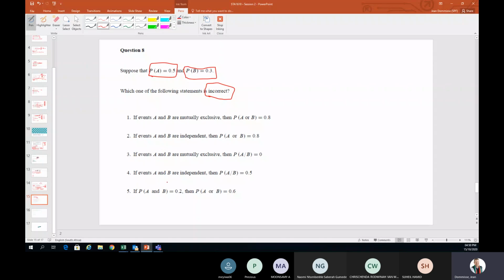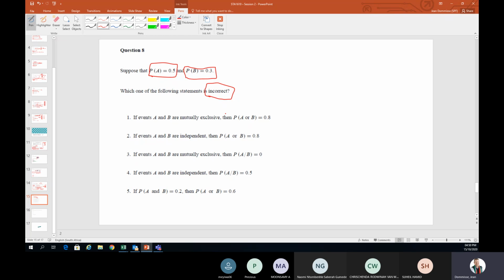If events A and B are independent, then probability of A given B is equal to 0.5. If probability of A and B is equal to 0.2, then probability of A or B is 0.6. Okay, so not really any one that is easy to eliminate, so I'll start at the top.